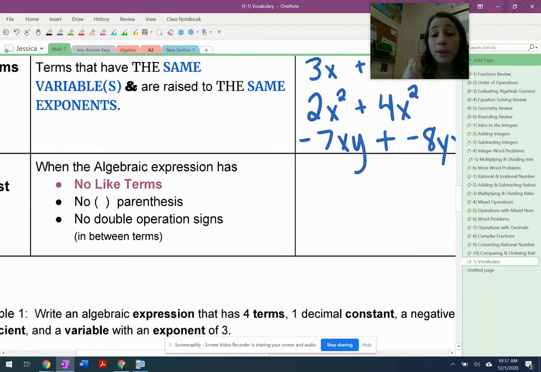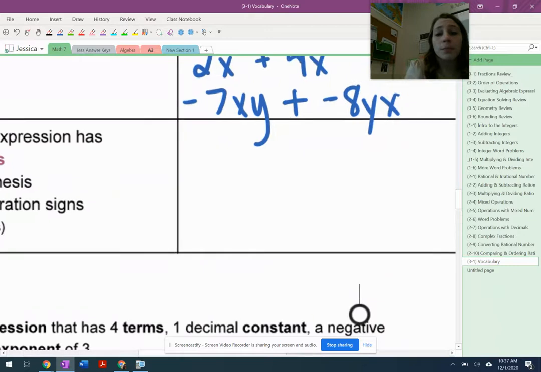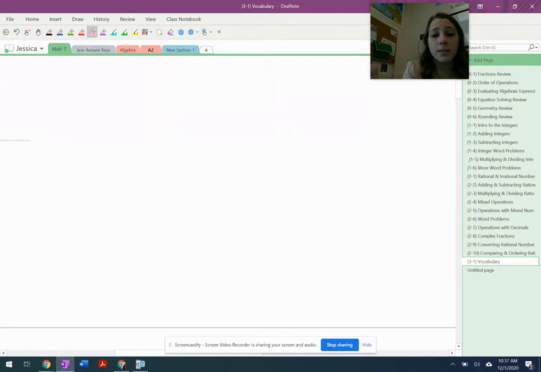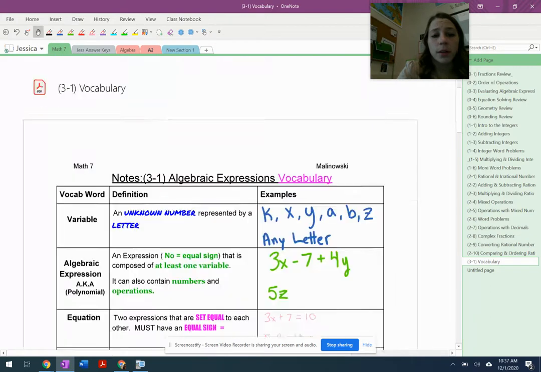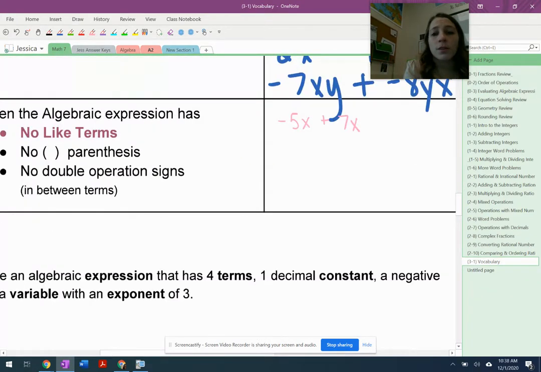So an example of having like terms would be something like what we showed above, having something like negative 5x plus 7x. That is not in simplest form because it has like terms. So no like terms. Boom.